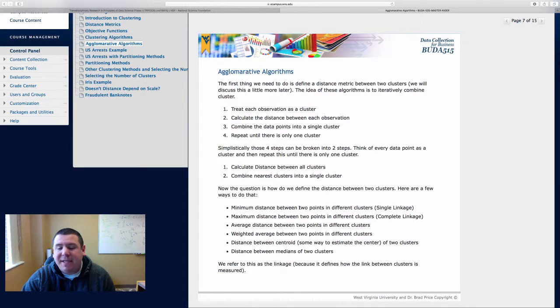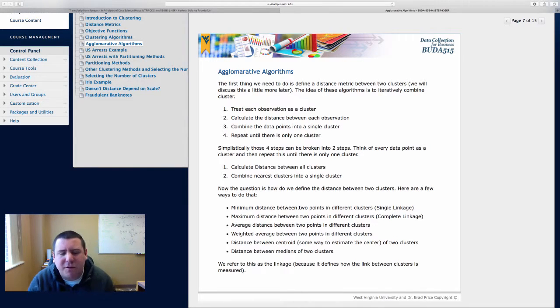The minimum distance between 2 points in different clusters. Well, we talked about that before. That was my hand example I gave you, where I've got 2 data clouds, and these are my 2 clusters, and I'm going to calculate the distance between the 2 clusters as the 2 closest points, which would in this case be my thumbs, right? Then we have complete linkage, which is the maximum distance between 2 data points in different clusters, which would be pinky to pinky, right?